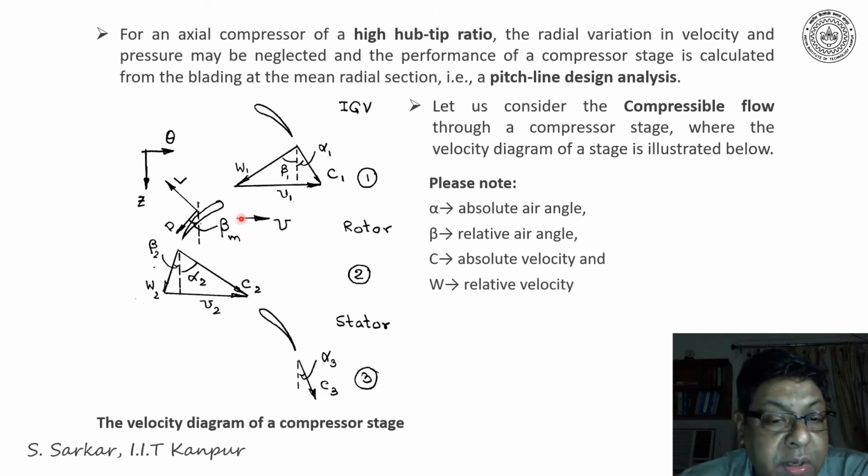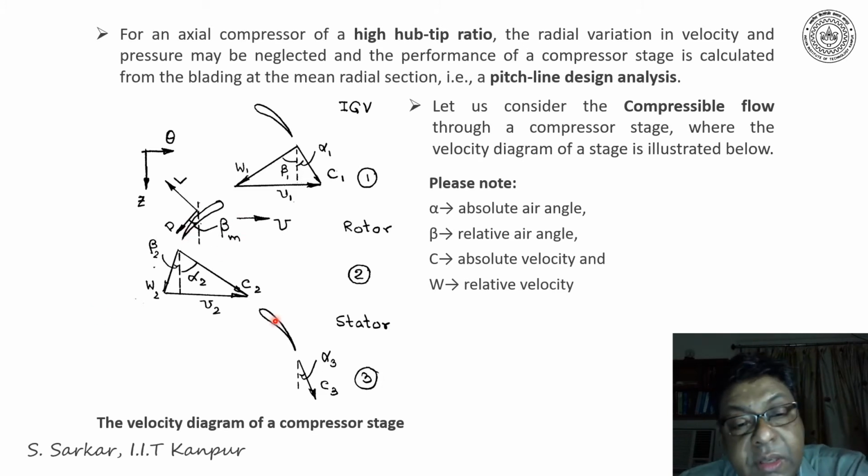Now look, beta m is the angle that the vectorial mean velocity Wm makes with the z-axis, and thus D, which is the drag, will be parallel to the vectorial mean velocity, and lift is perpendicular to the vectorial mean velocity Wm.